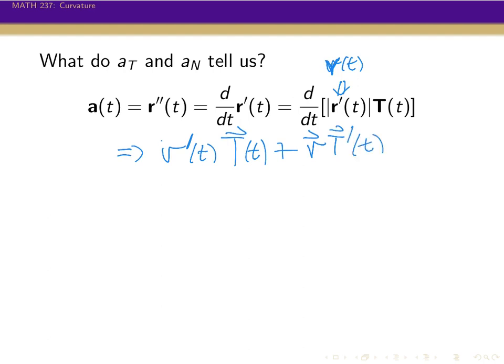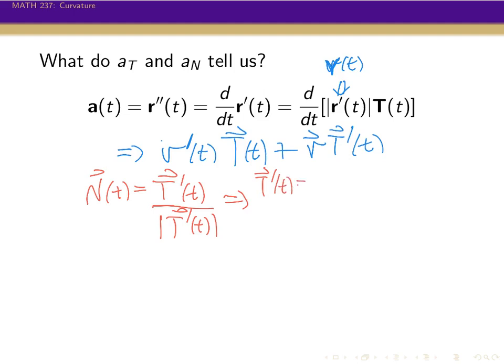T prime of t. Well, for T prime of t, we want to get the normal vector involved in some way. Recall that the normal vector is equal to T prime of t over the magnitude of T prime of t. And so we get that T prime of t is equal to its magnitude times the normal vector.